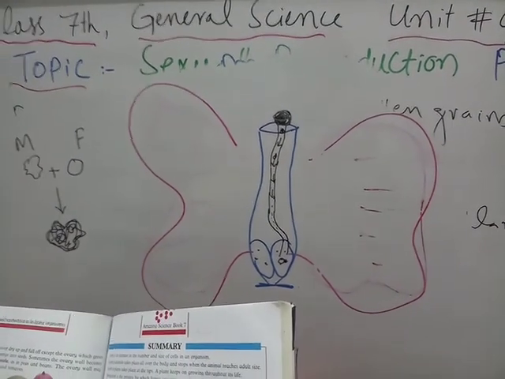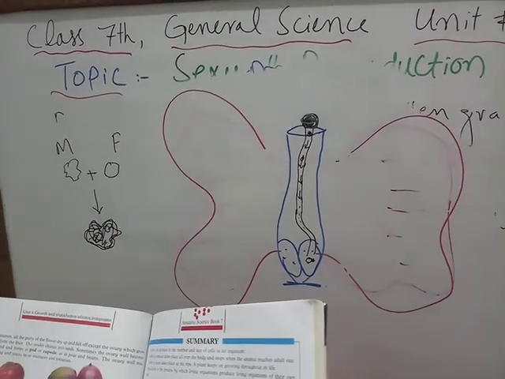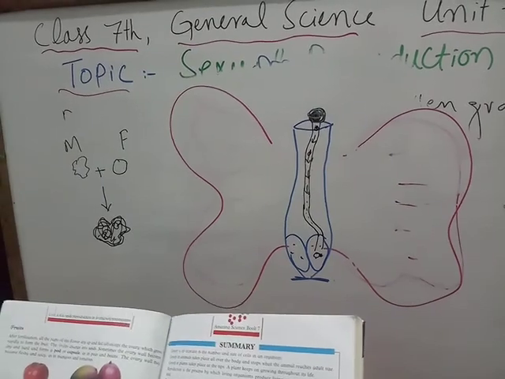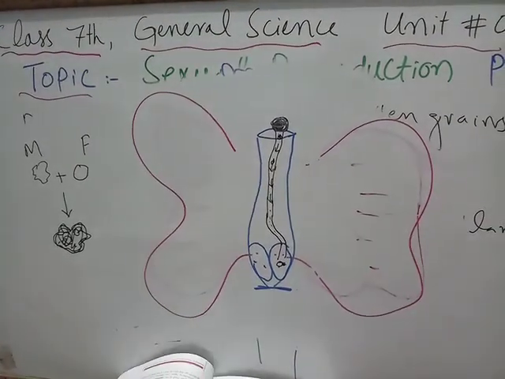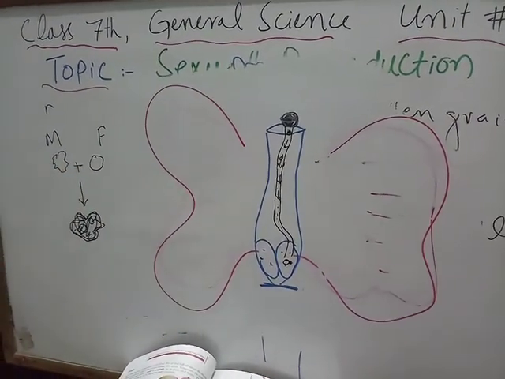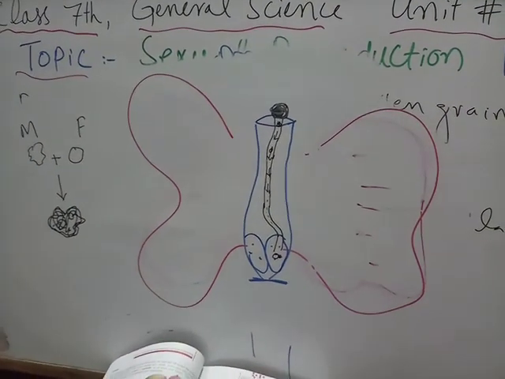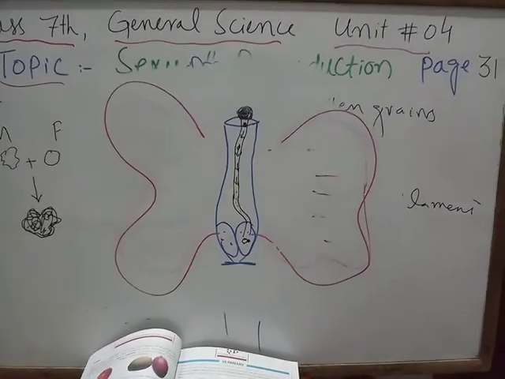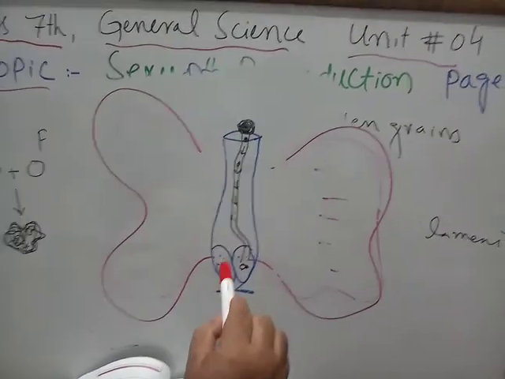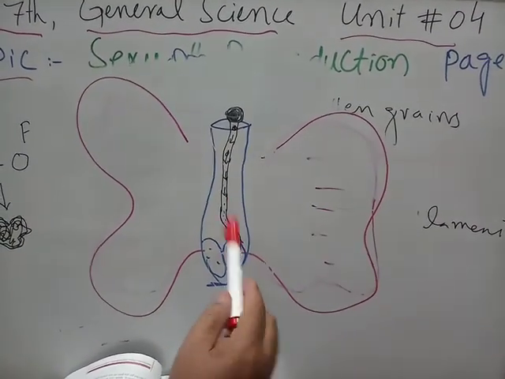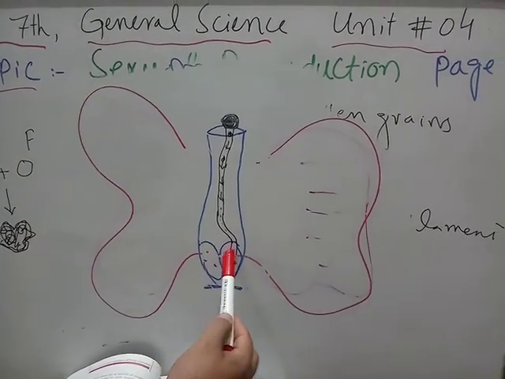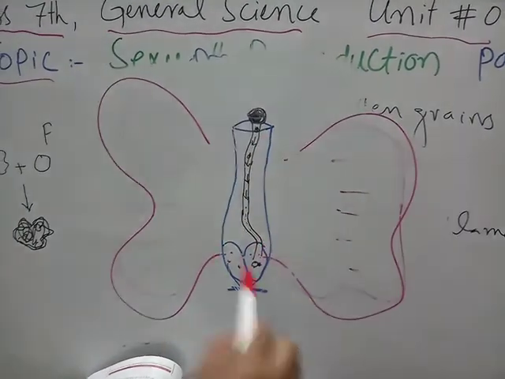I have discussed that after fertilization all parts of the flower dry up. So the petals and sepals dry up and are dropped, and the wall of the ovary forms the fruit, and the ovules form seeds. So seeds are formed by the ovules, and the wall of the ovary forms the fruit.